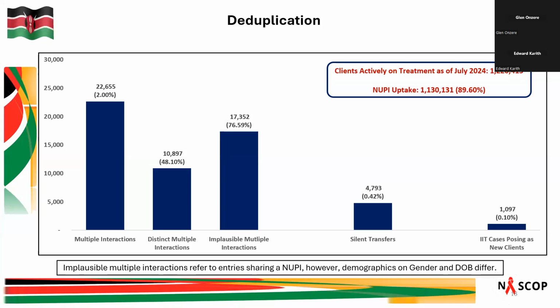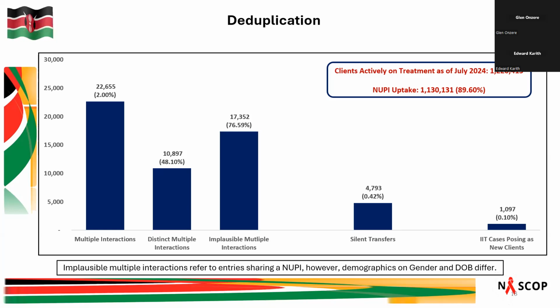This happens when the person keying these details uses other numbers besides the national identification number, and it leads to clients having NUPIs that are not reflective of their NUPI, like their unique identifiers.